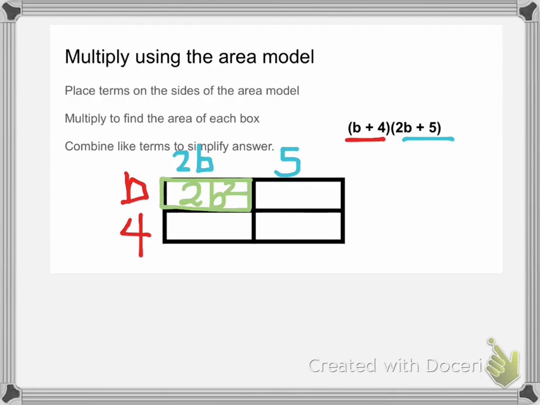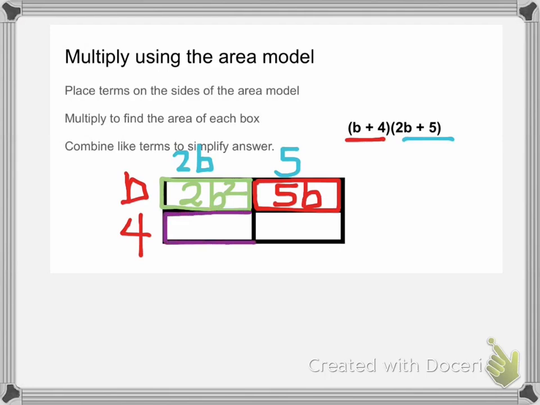Then we want to multiply and find the area of another box. So if we multiply and find the area of this rectangle, it is B times 5, which would be 5B. Then we want to find the area of the third box, which is going to be here.